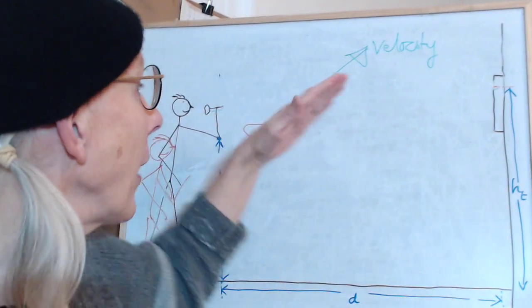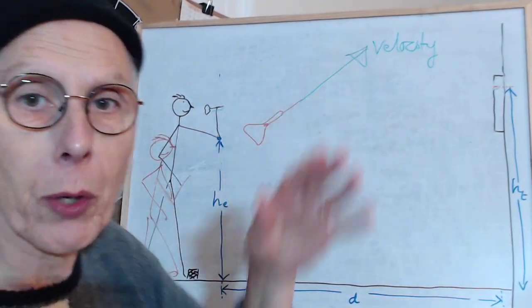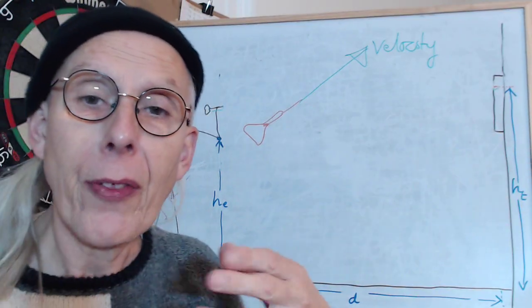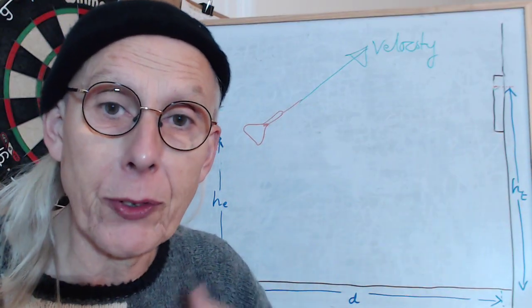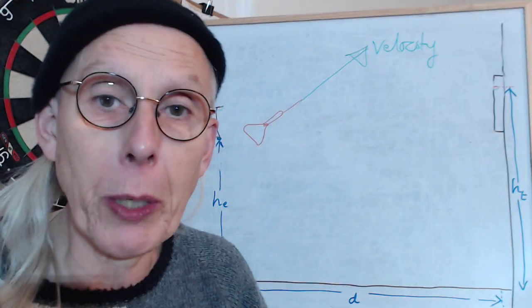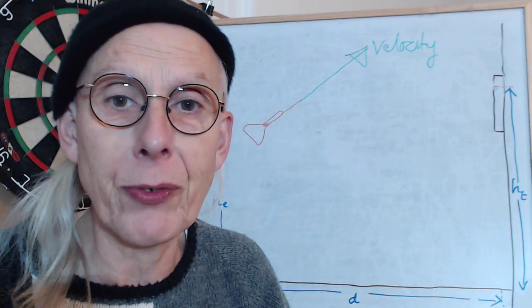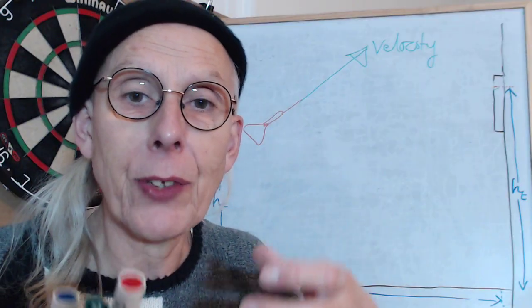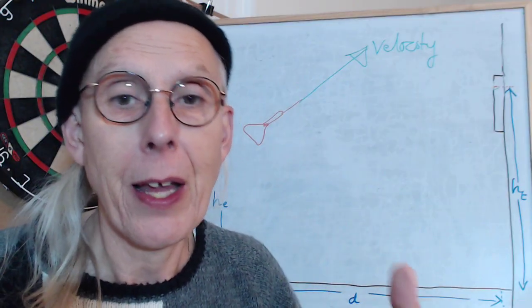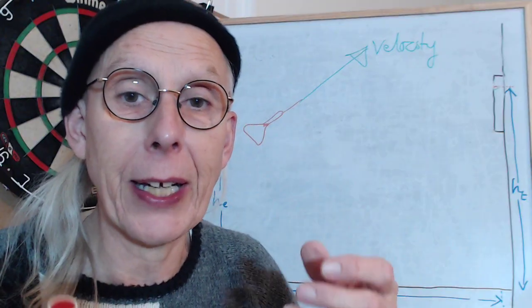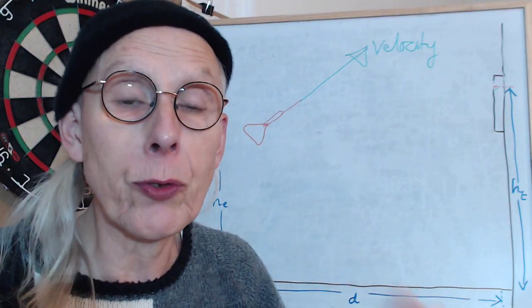And that green line tells us what the direction of the velocity is. And I also want the length of that green line to tell me the speed. And this is something that we call a vector. A vector is just a way to represent something if it has a size and a direction. So a force or a velocity is something in science which has a size and it also has a direction.